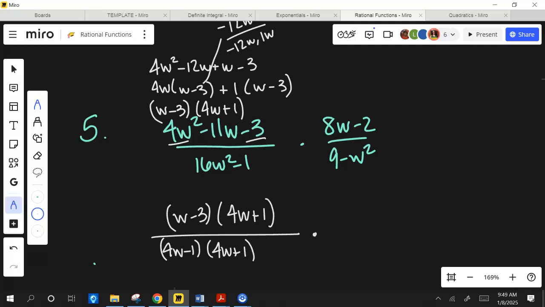How about the top of the second fraction? GCF? Take out a 2. What's left? 4w minus 1. And then the bottom of the second, difference of squares, right? So 3 minus w and 3 plus w.